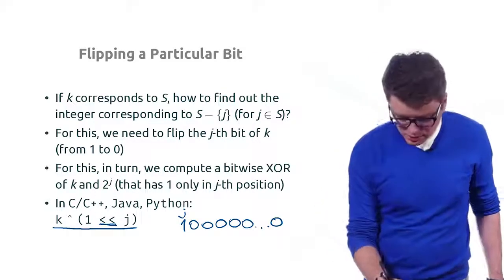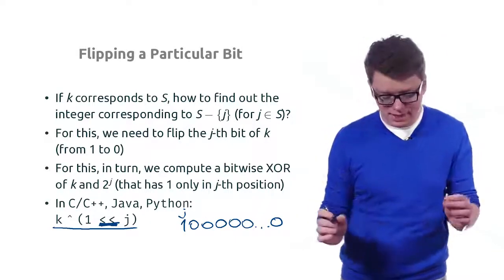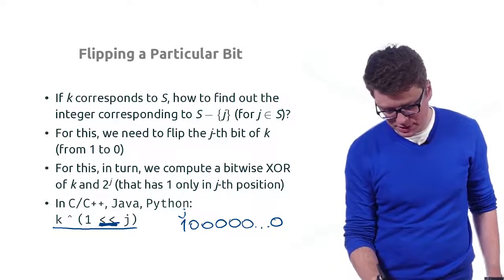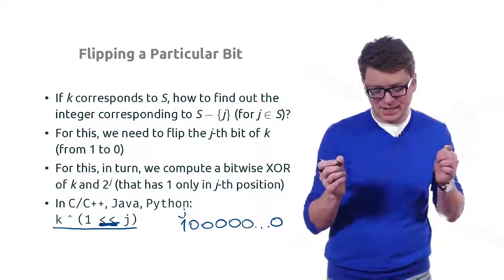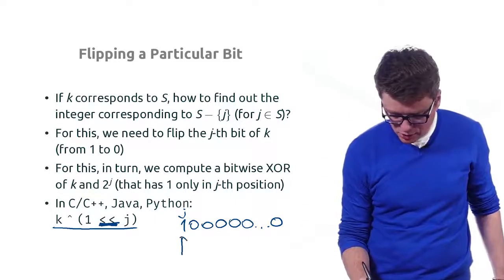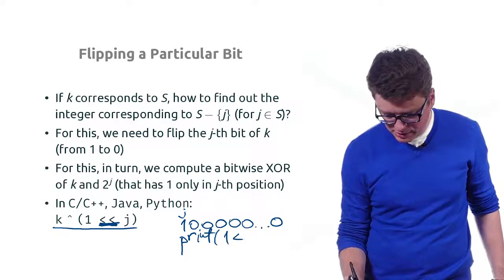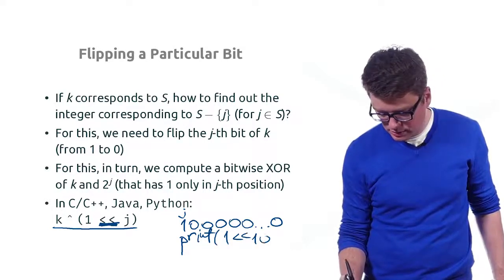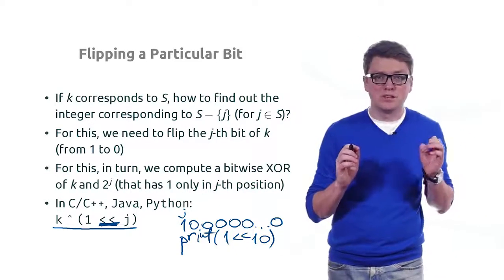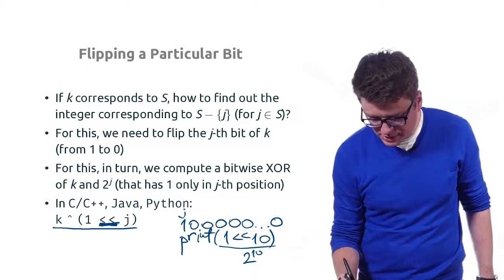This operator is called a binary shift. If you compute 1 and apply this operator to j, it actually computes the number 2 to the j. For example, you can check what is going to be printed if you print 1 shifted by 10. It is going to print 1024, because this is nothing else than 2 to the power 10.